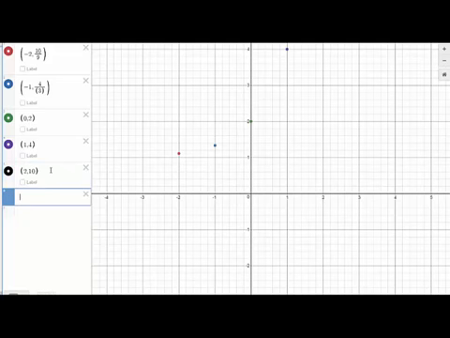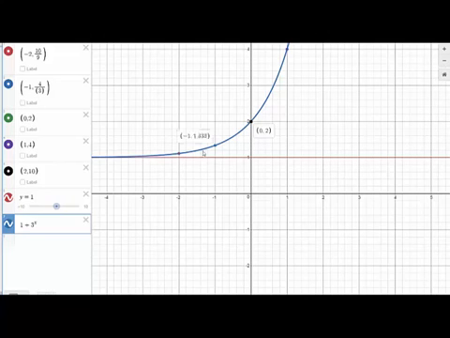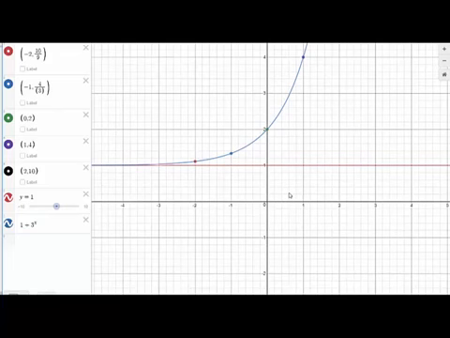If I also want to graph the horizontal asymptote, this is going to be that. If I connect these points, then what I get is 1 plus 3 to the x. And of course the points are going to be connected, the ones that we already found in our graph right here. And this is our exponential function. This is the f of x.